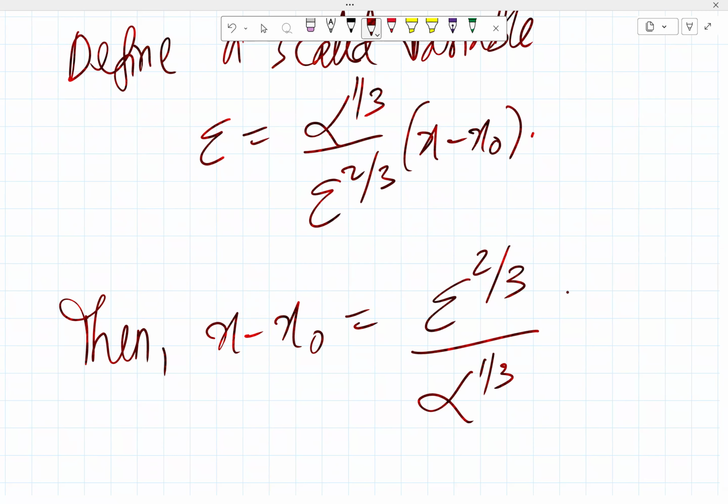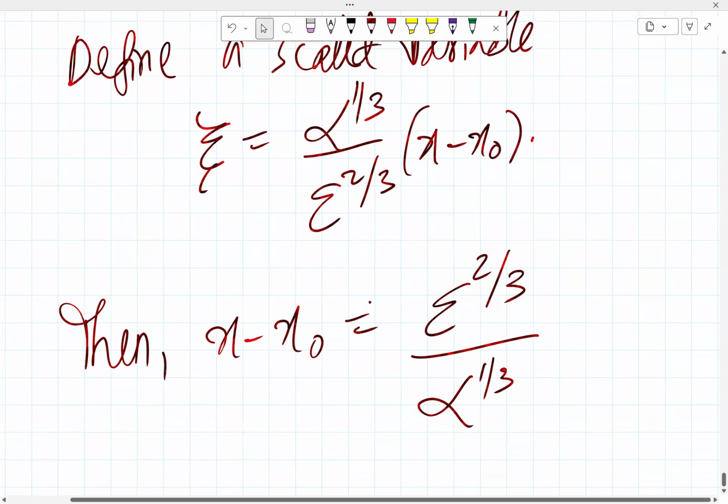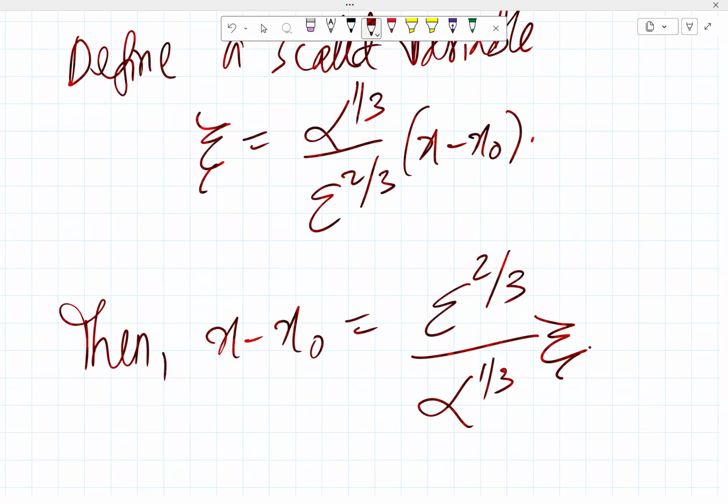There are two different epsilons here, and we have to be careful not to confuse them. Let's take note of that.